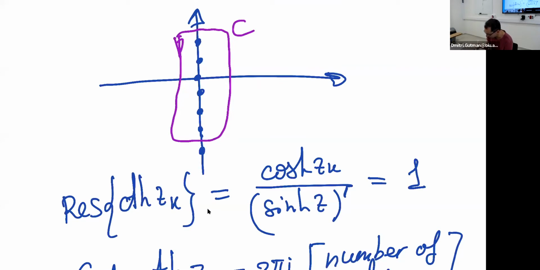So assume that there are these poles and let's label them. Let's call this point Z1.